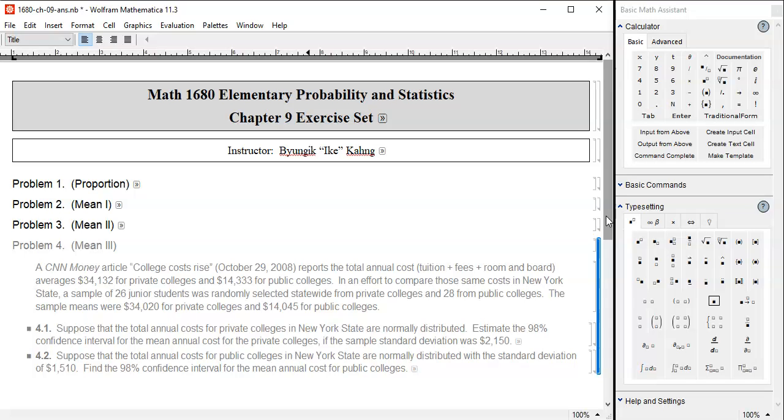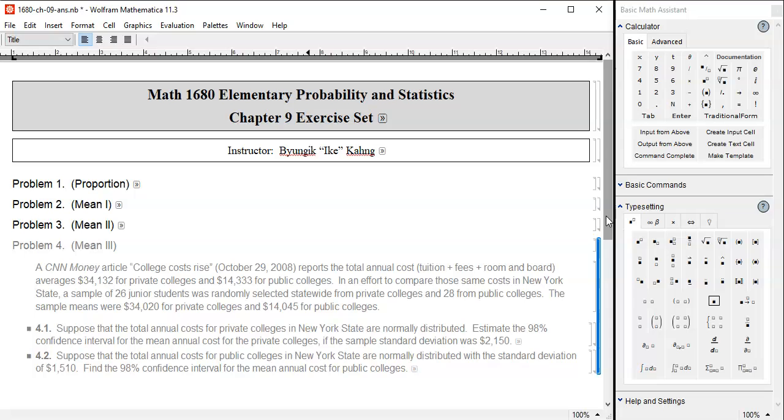A CNN Money article, "College Cost Rights," published October 29, 2008, reports the total annual cost averages $34,132 for private colleges and $14,333 for public colleges.